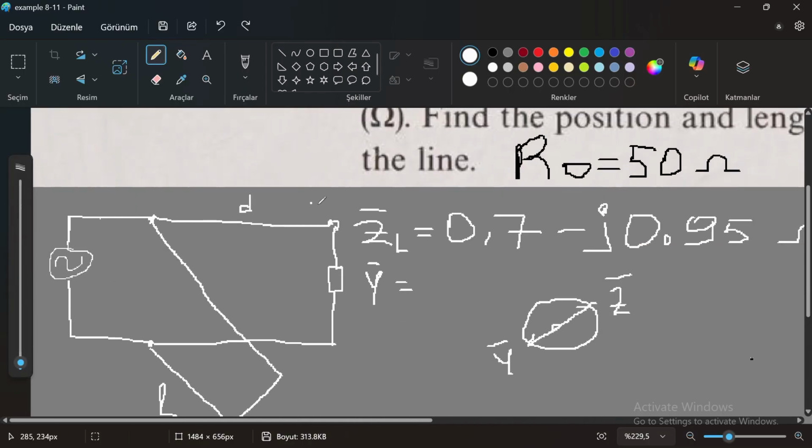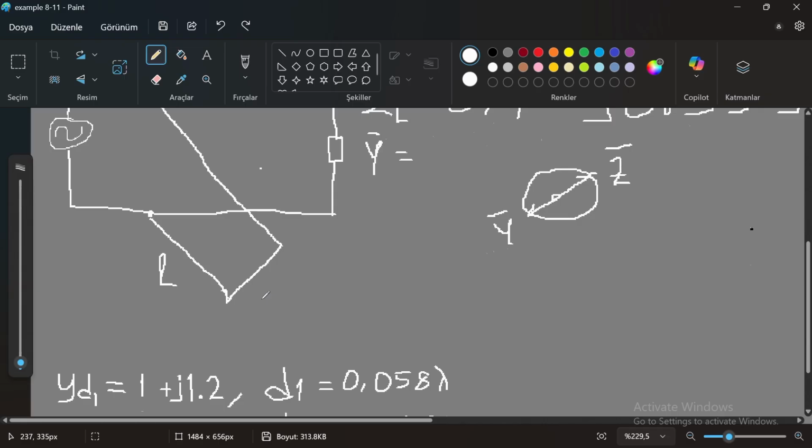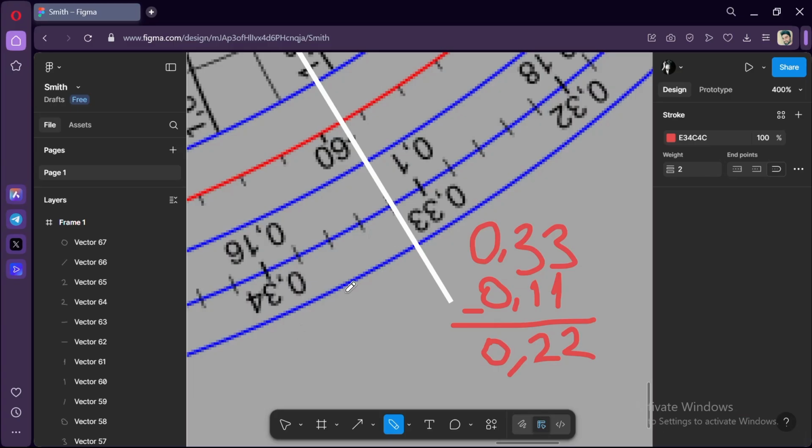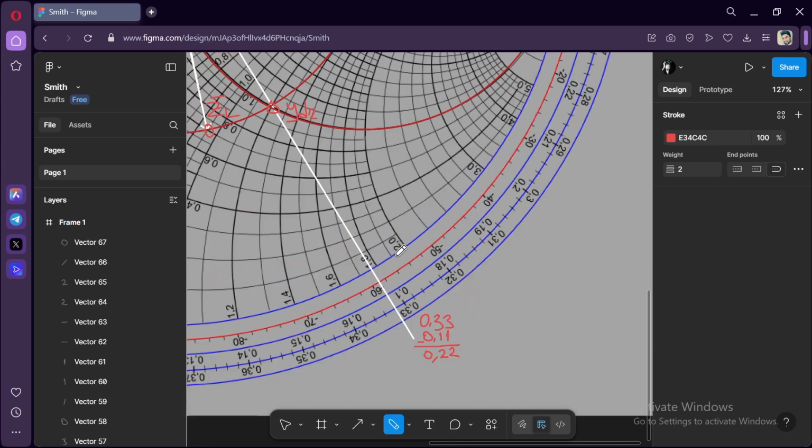Okay, position values, d values, two of them. And what about the L? Let me show you on the Smith chart how to find the L value.